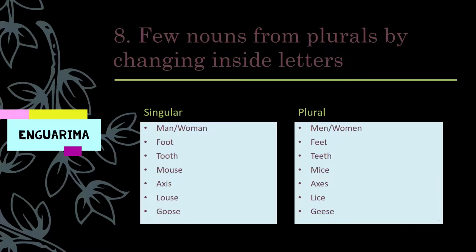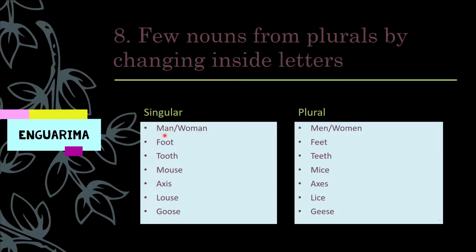Our next rule is that few nouns become plurals by changing inside letters, by changing middle letters. So instead of changing first letter or last letter, they will change inside or middle letters to become plurals.